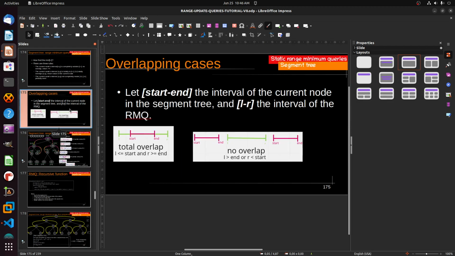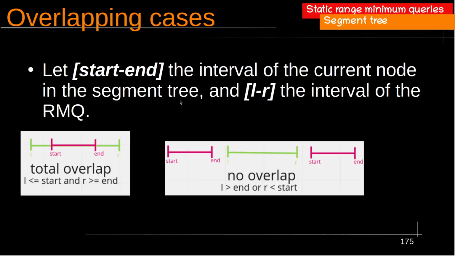As we see here, no overlap means the left and the right boundary of the range are completely outside the interval of that node, which means the left boundary is greater than the end, or the right boundary is less than the start. Here or here. Then the total overlap, in this case.